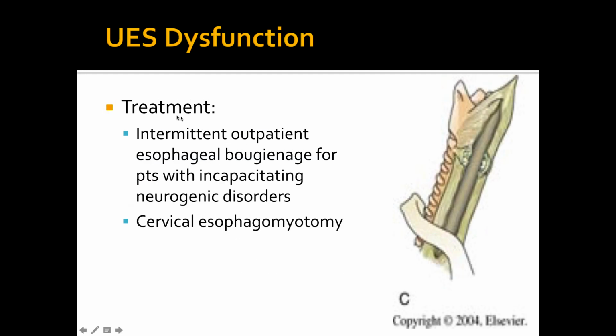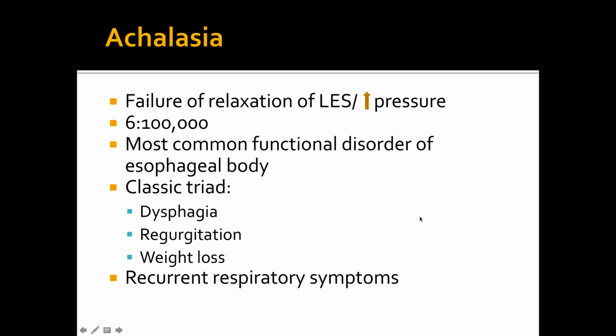Treatment is dilation if the patient has a significant narrowing. This will help the swallowing mechanism later on. Last resort is an esophagomyotomy, which is actually splitting the muscle, as well as the cricopharyngeus muscle, to allow increased patency of the esophagus.